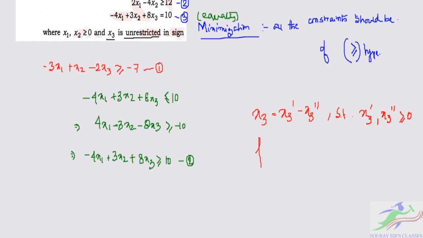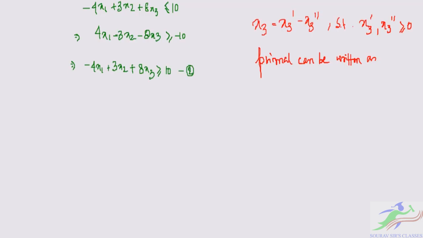The primal can be written as minimize z equal to x1 minus 3x2 minus 2x3 prime plus 2x3 double prime.